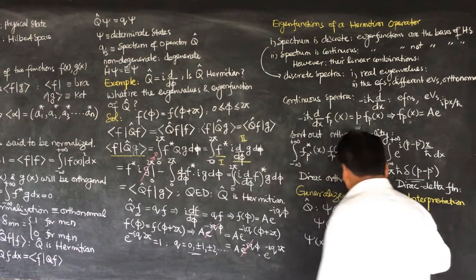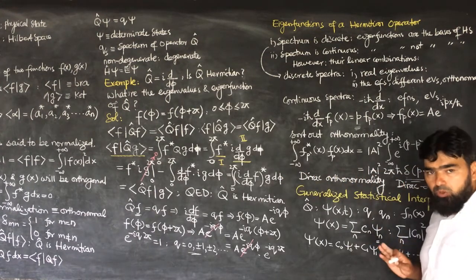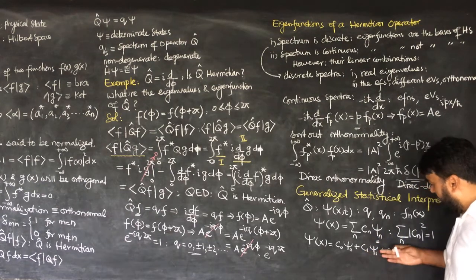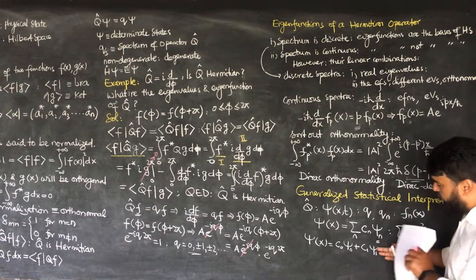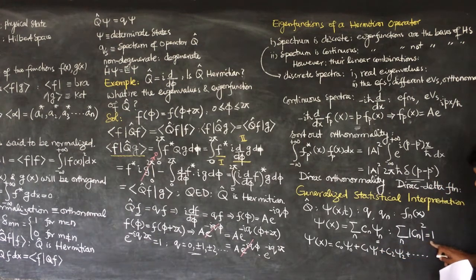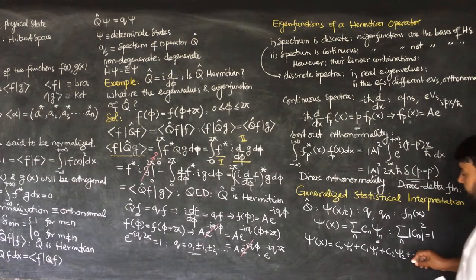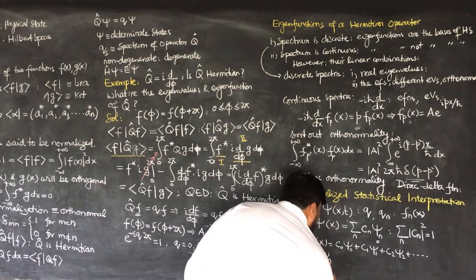If we only have C0 psi 0 in this series, then C0 squared will be equal to 1. If we have up to C1, then C0 squared plus C1 squared will be equal to 1, and so on. So the sum of all Cn squared will be equal to 1.